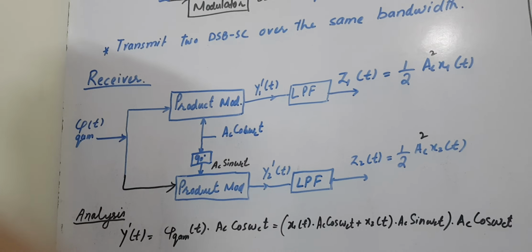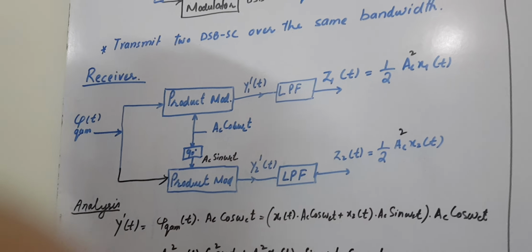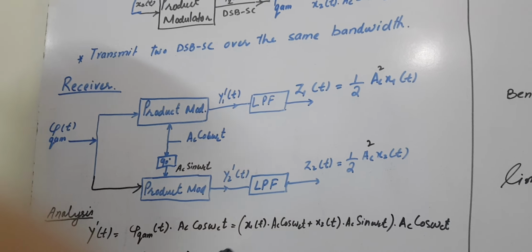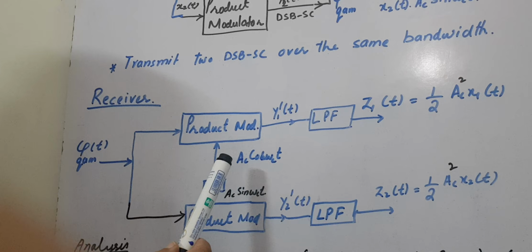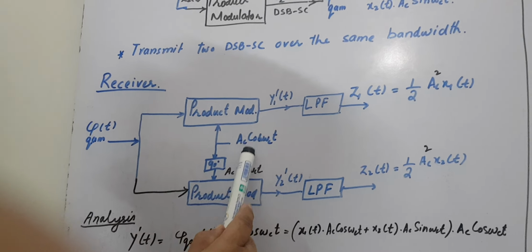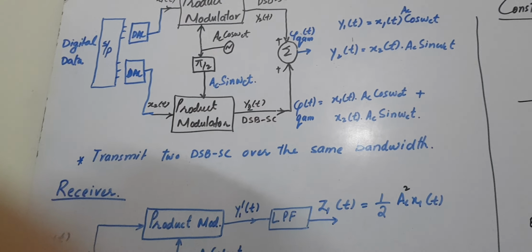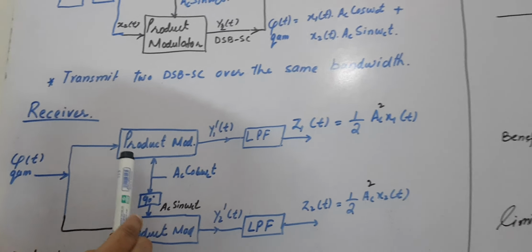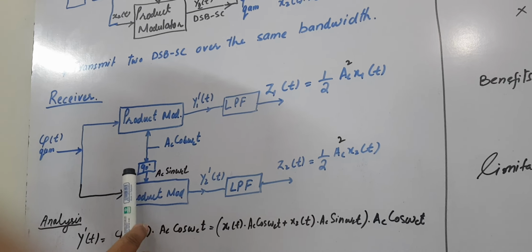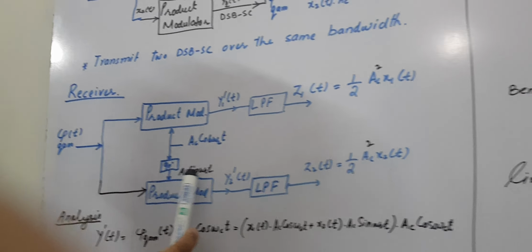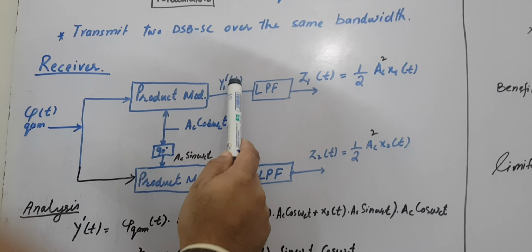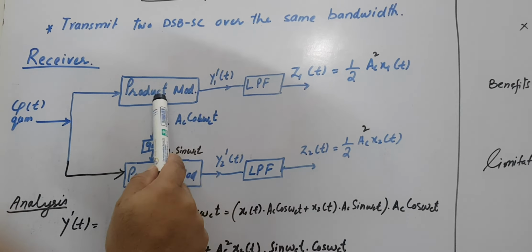Because this is coherent detection, or synchronous detection, you use a locally generated synchronized carrier. The same carrier Ac cos omega ct is the other input of the product modulator, and after a 90-degree phase shift you get Ac sin omega ct for the lower arm. On the upper arm you get y1 bar (t), the output of the product modulator.